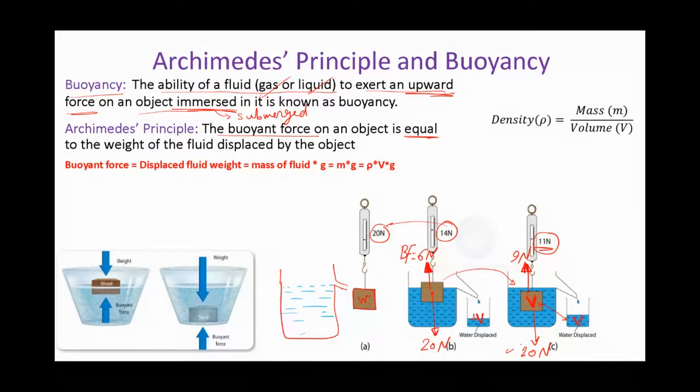So the buoyant force increases by increasing the submerged volume of the object. Once you fully submerge it, if you move it further down inside the water, nothing will change because you already submerged the whole object.